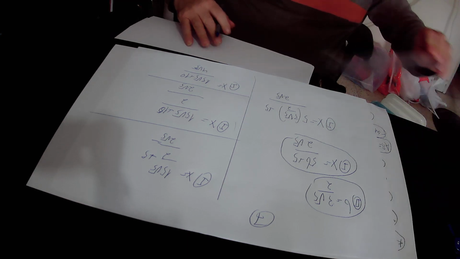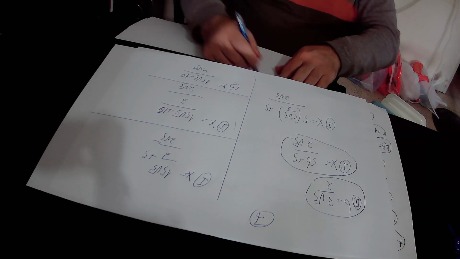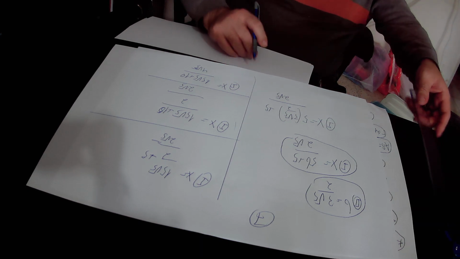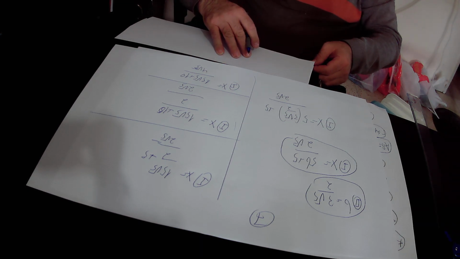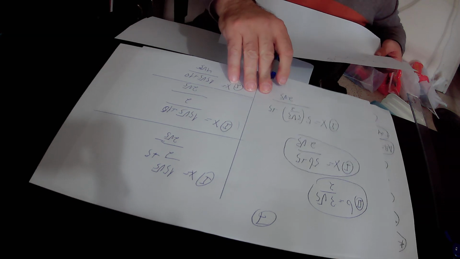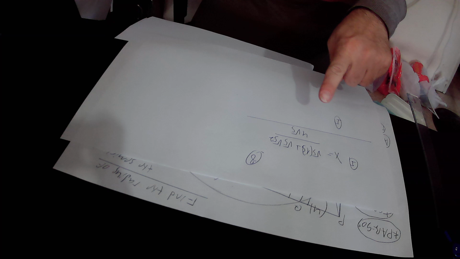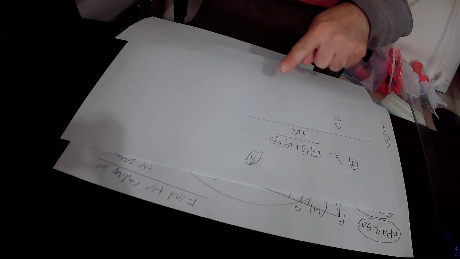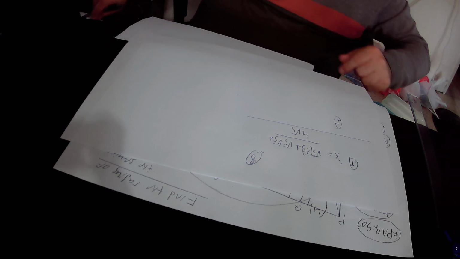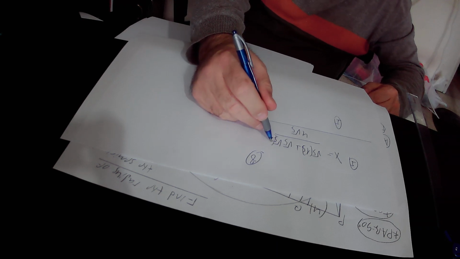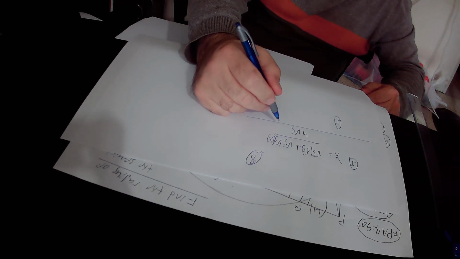So we actually found out that according to equation number 1, x equals square root of 5 times 15 plus square root of 5 times square root of 5 times 2 over 4 times square root of 5.